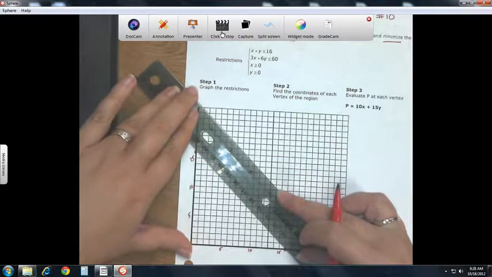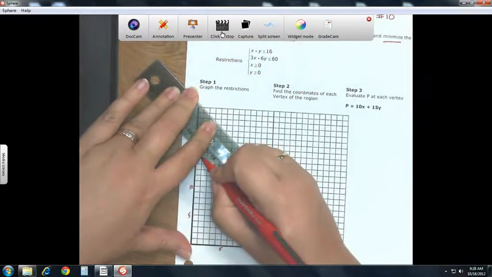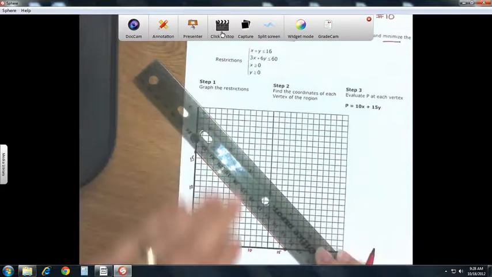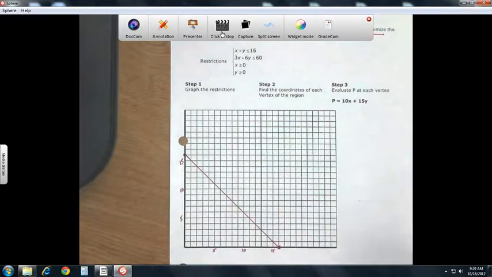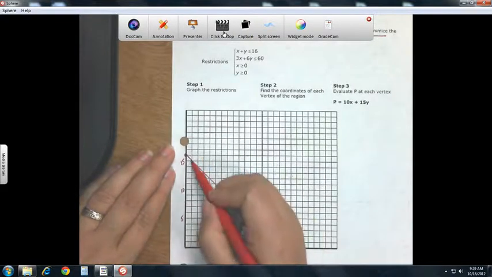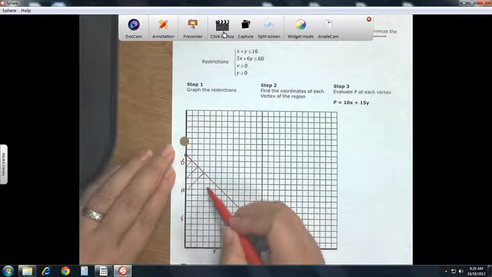It's a solid line because it was less than or equal to, and we would be shading below the line because it is less than. I'm not going to color it in fully because we're going to look for an overlap in a second.